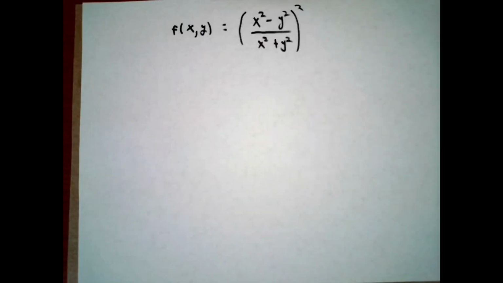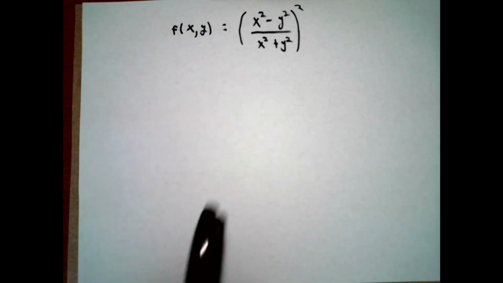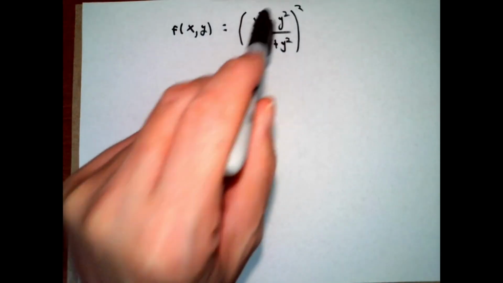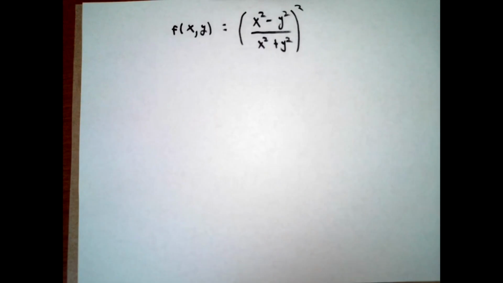Here is the graph of f of x and y equals the square of the fraction x squared minus y squared over x squared plus y squared. This function obviously makes sense every place except the origin, where x and y are both 0. This doesn't seem like that bad of a function.